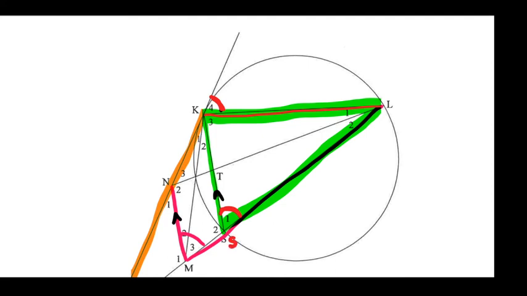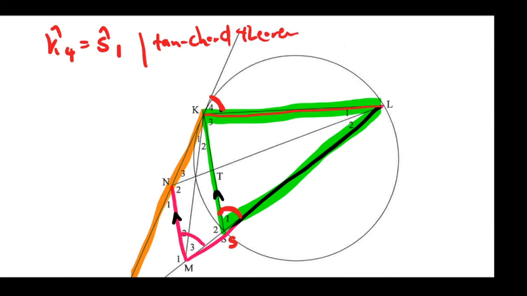This is S, by the way. So basically, angle K4 is equal to angle S1, and the reason for that is tan chord theorem.